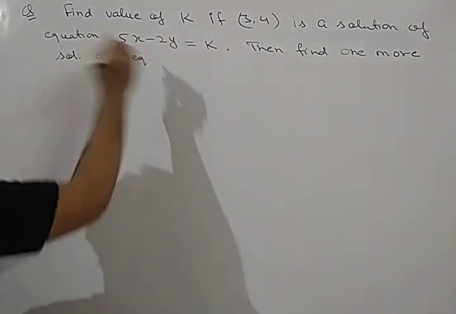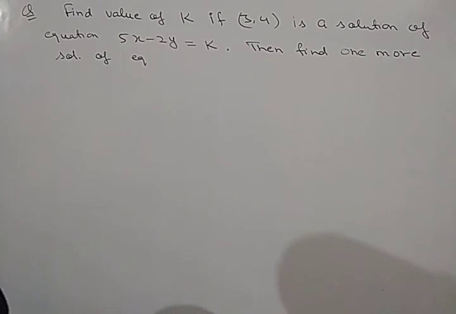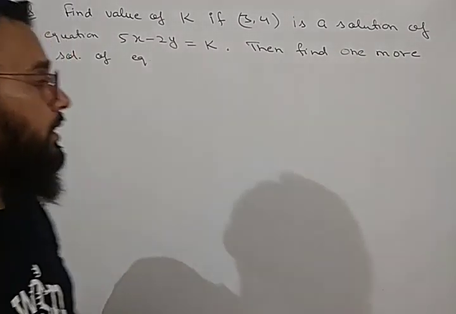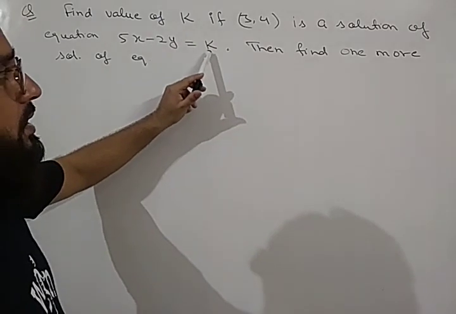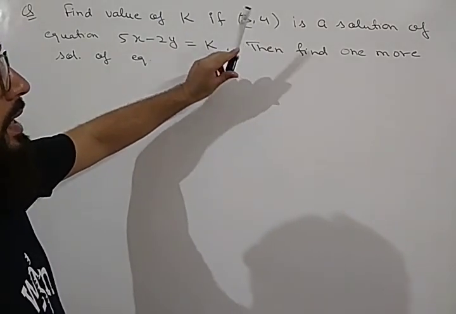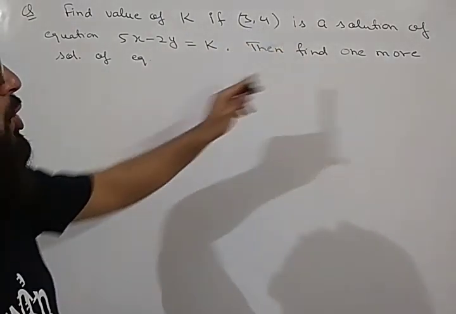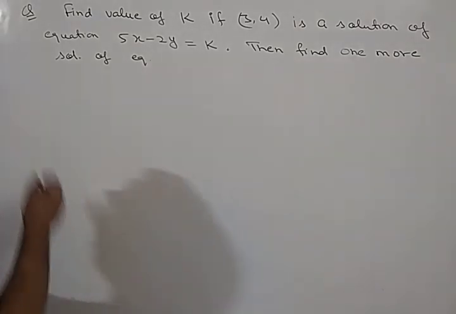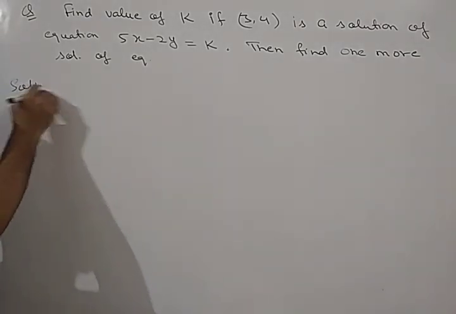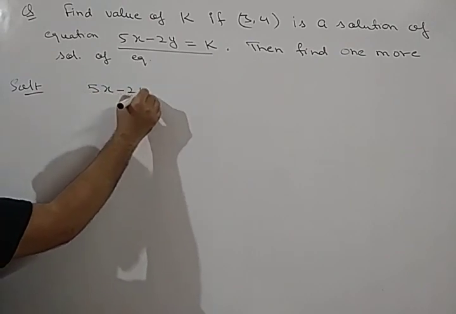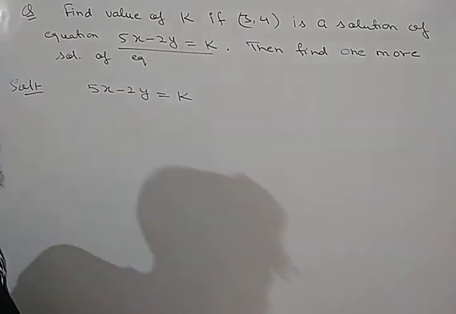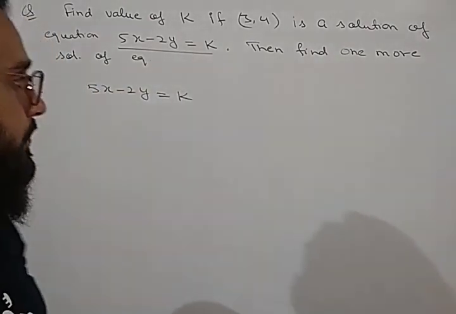Okay, so we have to find the value of k in this equation, and given that 3, 4 is a solution of this particular equation. So first, what is given to us is the equation. The equation is 5x minus 2y is equal to k. This is the equation which is given to us.